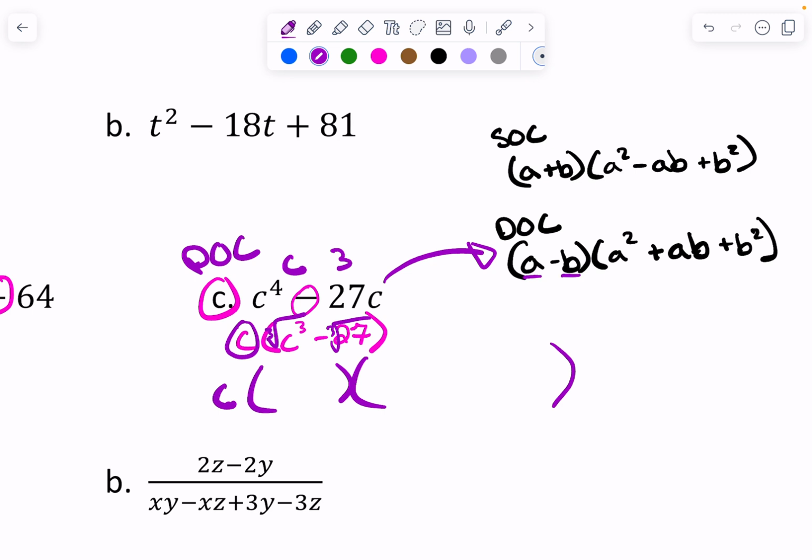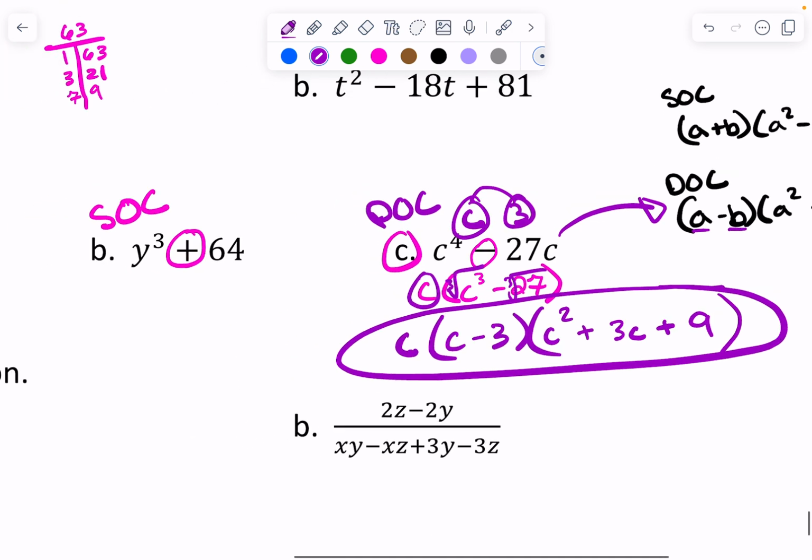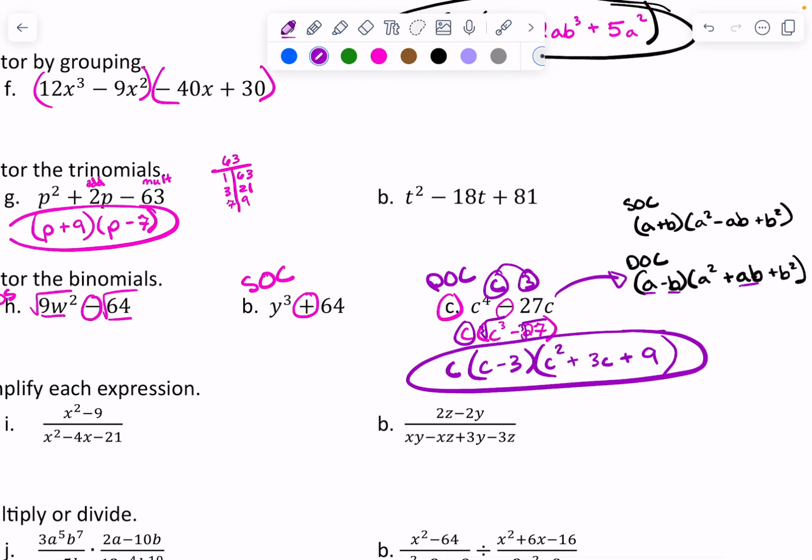So A minus B will be C minus 3. A squared will be C squared, plus AB is C times 3, or 3C, plus B squared is 3 squared, which is 9. And this is completely broken down. Okay, it has that extra C out in front, but it's completely broken down, okay?